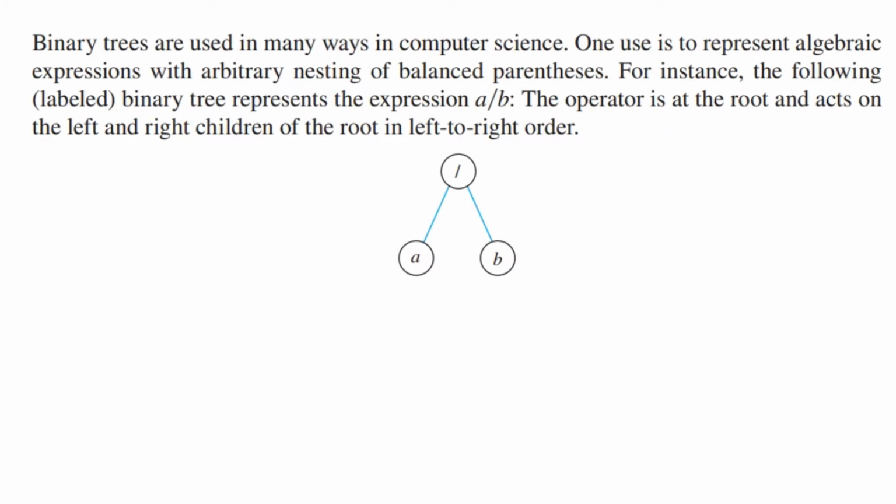Now, binary trees are used in many ways in computer science, and one way is to represent algebraic expressions. For example, we have operations and numbers, and the following labeled binary tree represents the expression a divided by b. The operator is at the root and acts on the left and right children of the root in left to right order. So that is a divided by b.